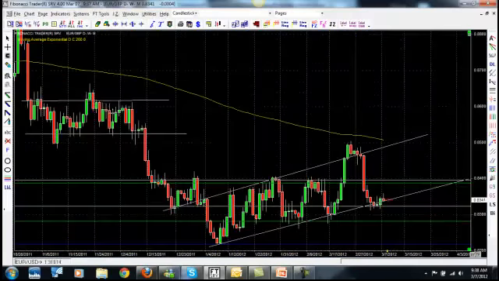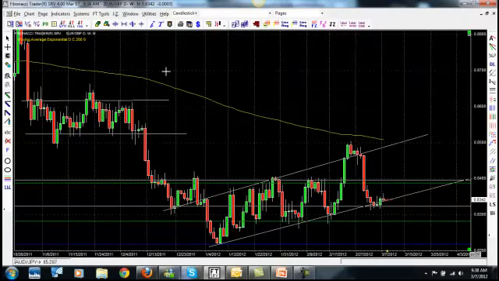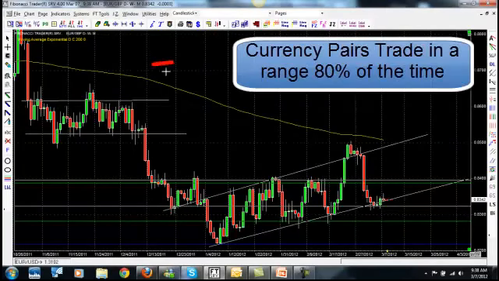Now here's a pair that I absolutely love. This is the euro pound, because the euro and pound pretty much move together to some extent most of the time. I talk about this in one of our training videos, and I say this all the time, that these currency pairs trade in a range 80% of the time.